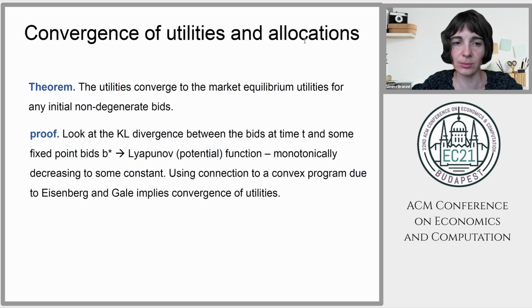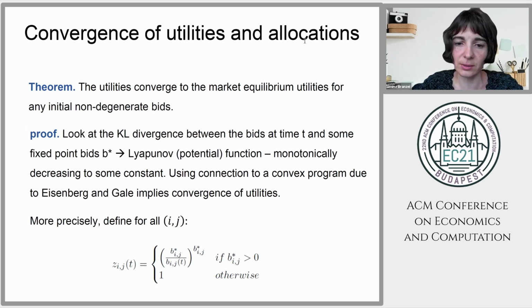And the way we do that is to look at the KL divergence between the bids at time t and some fixed point bids b star, which represent what the players pay in the equilibrium. And this will give a Lyapunov function, which we show is monotonically decreasing, and it's bounded from below.